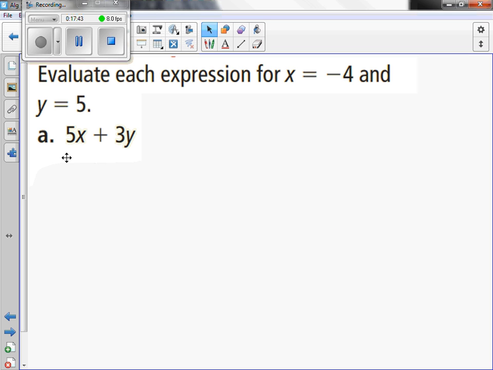Let's try another one. I think y'all have probably gotten this one done. Go ahead and give this one a try. I think that's the last one, isn't it? Okay, so the pacing's about right.